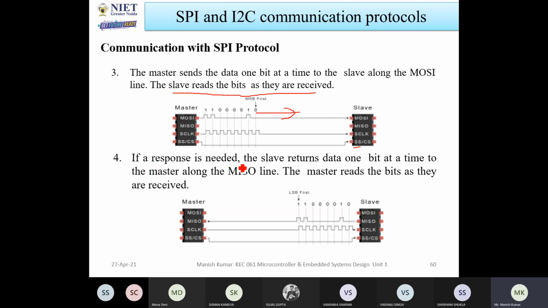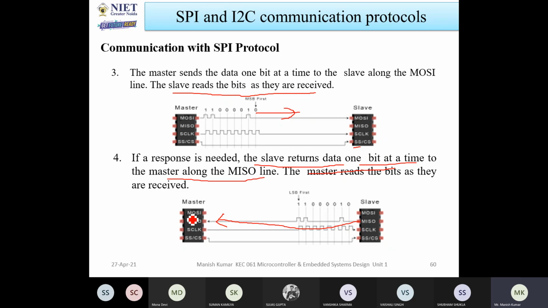And if a response is needed, the slave returns data one bit at a time to the master along MOSI. The master reads the bits as they are received. If the slave wants to send the data to the master, it will transfer the data to the master. So these things will happen.